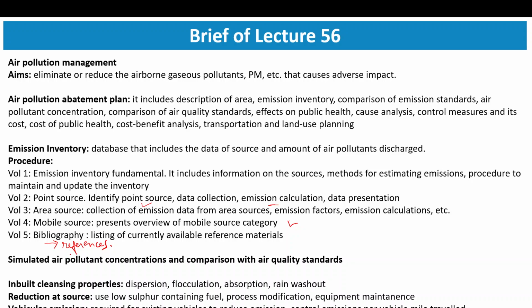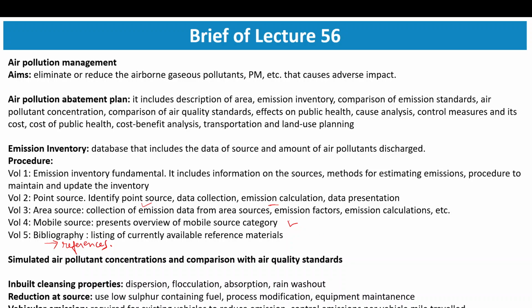Now moving forward. Air pollutant concentrations are measured in various forms, and this has been talked about earlier also in the previous classes, where it could be 8-hour, 24-hour based, or annual based, and certain air quality standards are also maintained by the government.